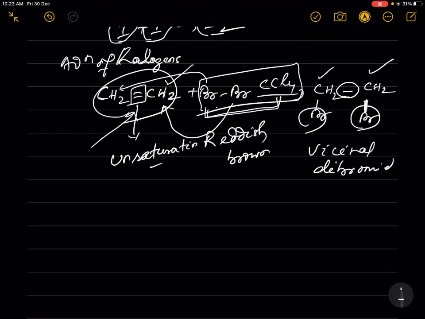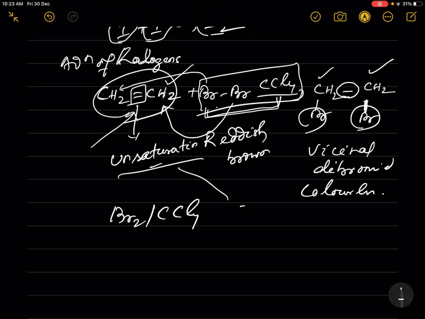And this is colorless. So bromine in CCl4 is added to alkene to test the unsaturation. Unsaturation means presence of a double bond or triple bond.